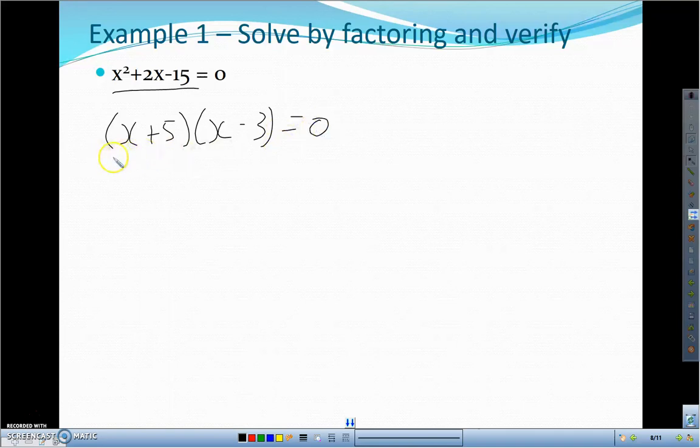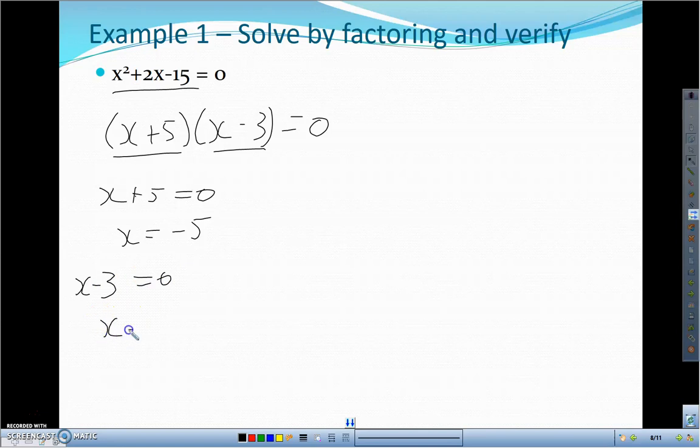And what this boils down to is finding out when each one of these expressions is equal to 0. X plus 5 is equal to 0 when x is equal to minus 5. X minus 3 is equal to 0 when x is equal to 3.